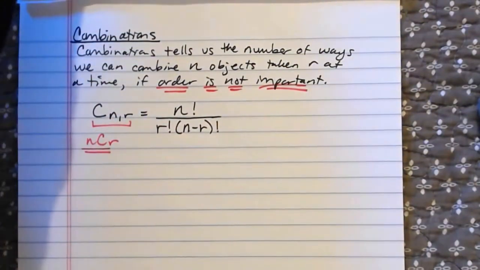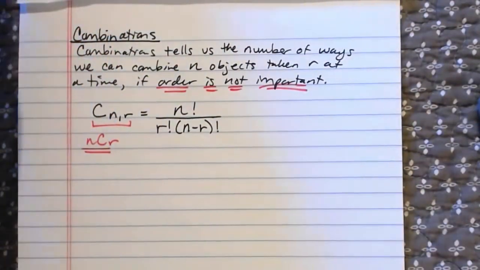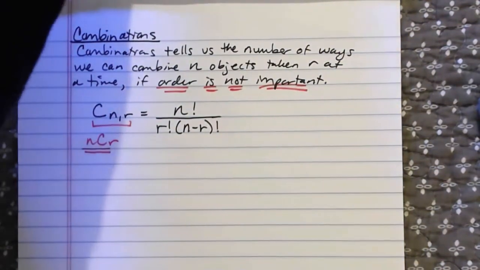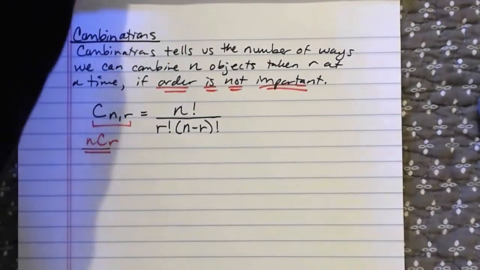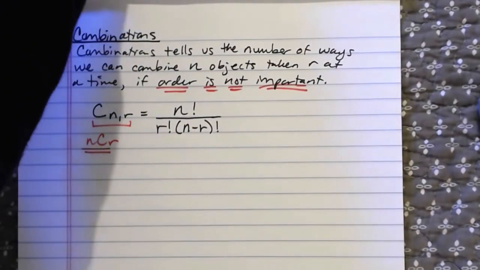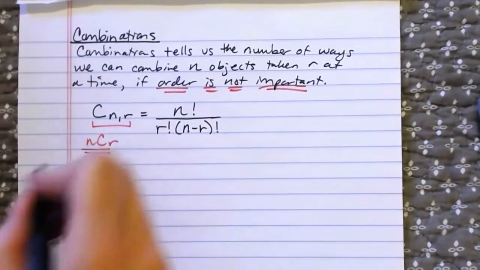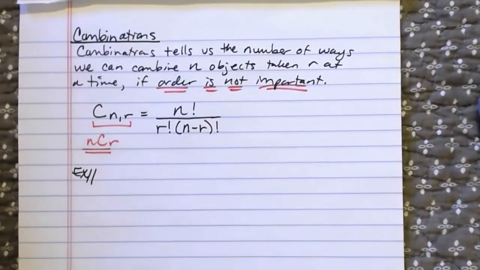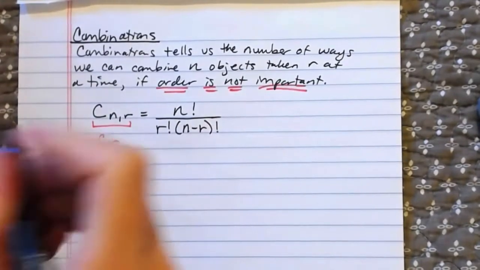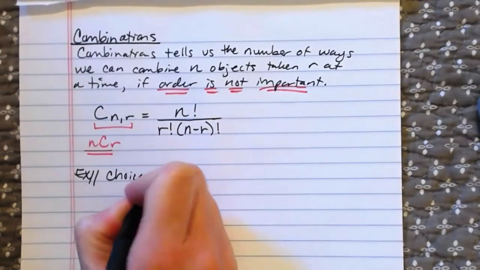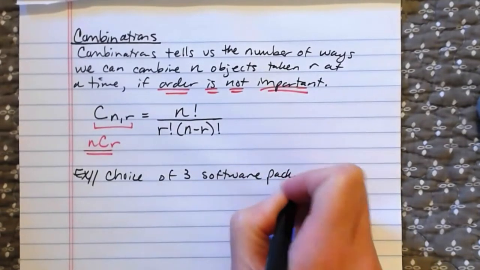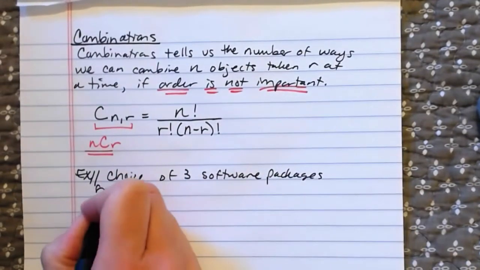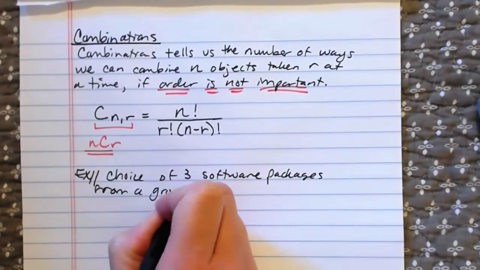So let's find an example where we're dealing with combinations rather than permutations. Let's imagine that we're going to pick some computer programs. We're purchasing a computer and a printer, and we're given a choice of 3 software packages from a group of 12.